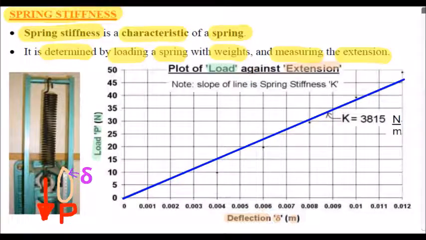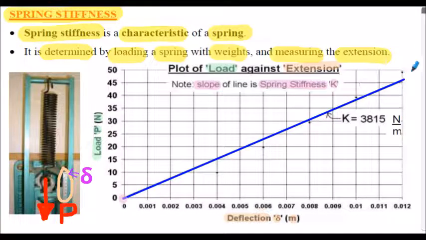Now the slope of the line relates to spring stiffness. I'm using symbol K here in my notes, but some textbooks will use the Greek symbol lambda for spring stiffness. What we usually find is the load against extension diagram produces a linear line commencing from the origin.